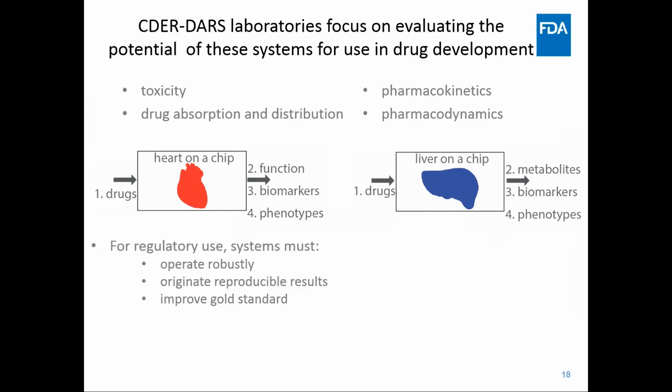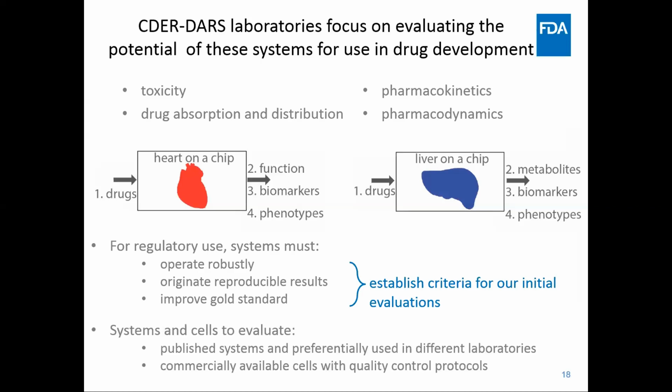But for regulatory use, these systems must operate robustly, originate reproducible results, and definitely improve on gold standard, 2D or others. So for this purpose, we establish criteria for our initial evaluations that is completely based on this need, the need for robustness and reproducibility.